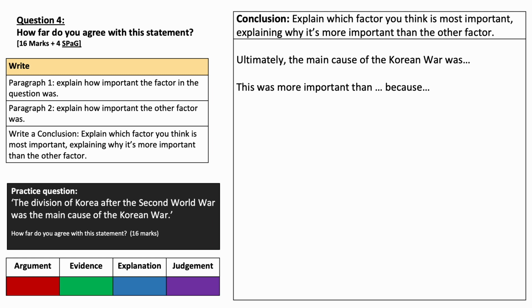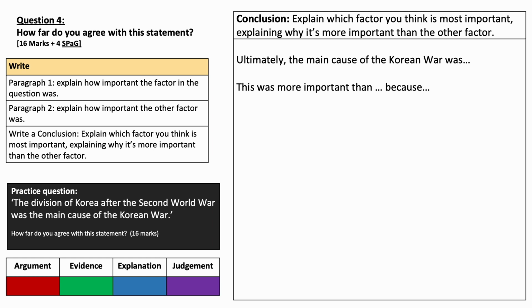By the way that I wrote the first paragraph, I think it's pretty clear that I don't think the division of Korea was enough on its own. I actually believe without the Cold War, the Korean War would never have happened. So I would probably write my conclusion: Ultimately, the main cause of the Korean War was the Cold War. This was more important than the division of Korea because without the global tensions and this battle for dominance in the world to have the greatest spheres of influence, Korea would never have been divided into two in the first place.